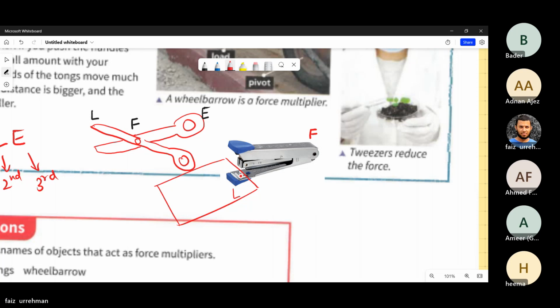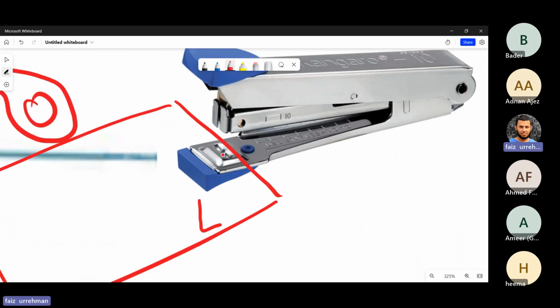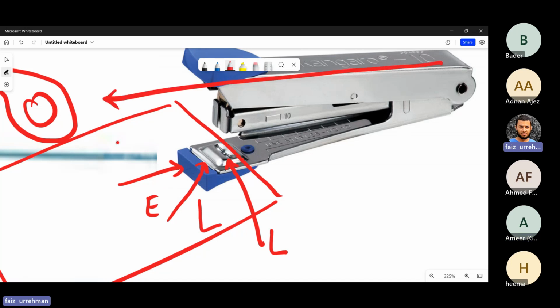But if I zoom in, ooh, high quality. This is your load, but this is your effort. As far away as you put your effort, the easier for you. And because the handles are long, you create a big momentum.